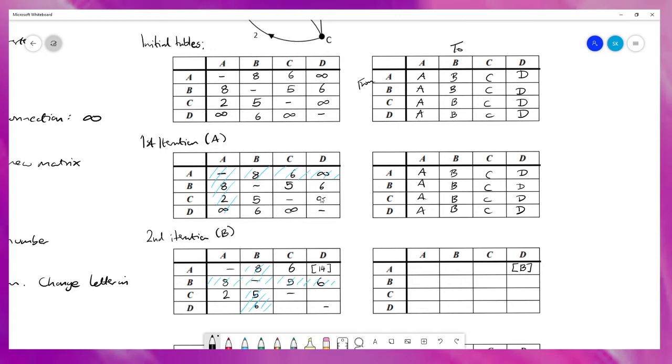Okay, so that's 2. Oops, I didn't fill that in. So we can see 5 plus 6 is less than infinity, because it's 11. So again, we're going to put a B in there. And we'll keep going.